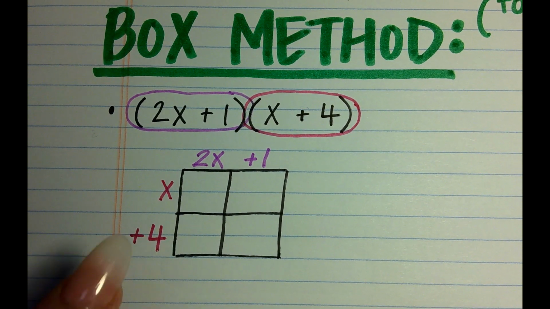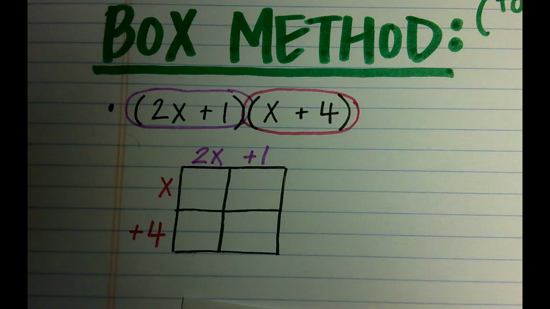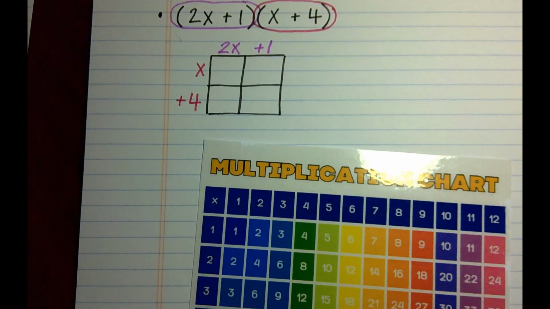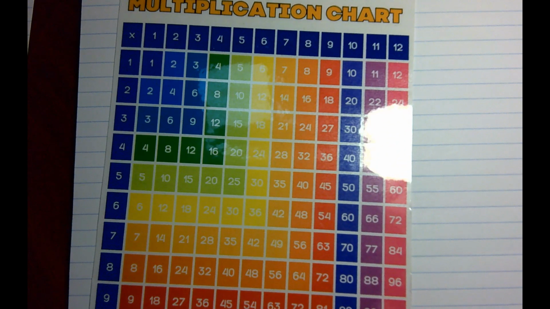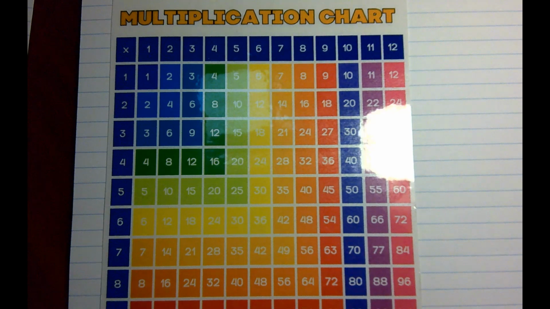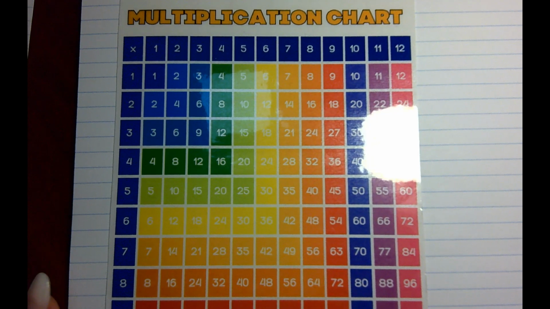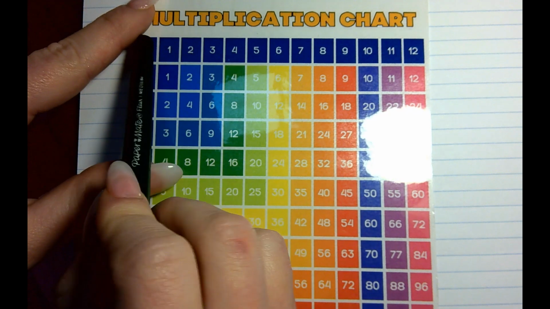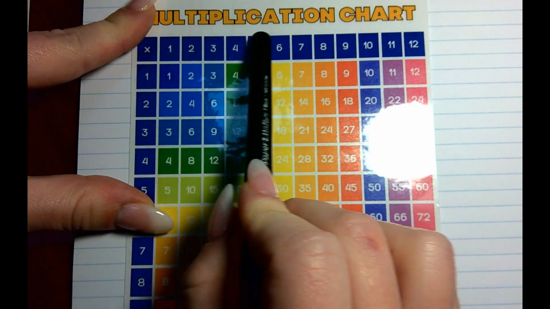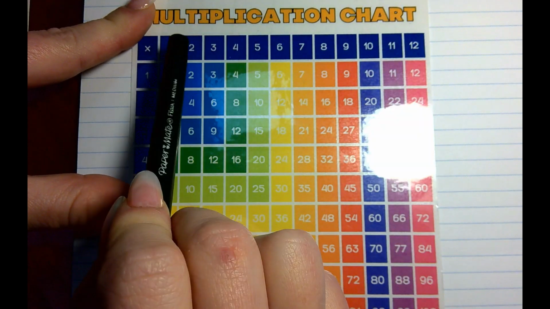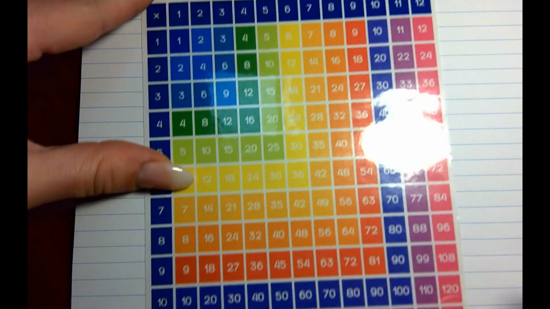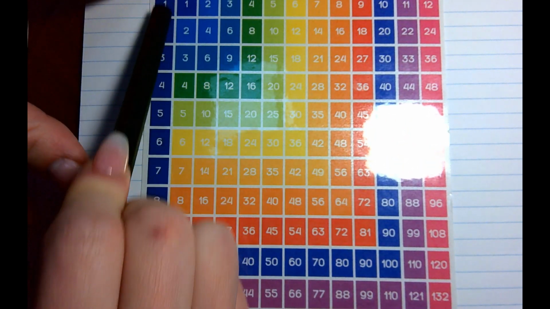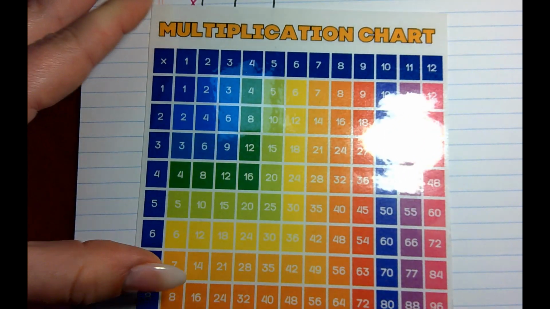Now, this box method is going to work just like a multiplication table. Everybody should have one of these at your tables. If you've never seen a multiplication chart, I'm going to show you just real quickly how it works. We have numbers going across from 1 to 12, and numbers going from top to bottom, 1 to 12.